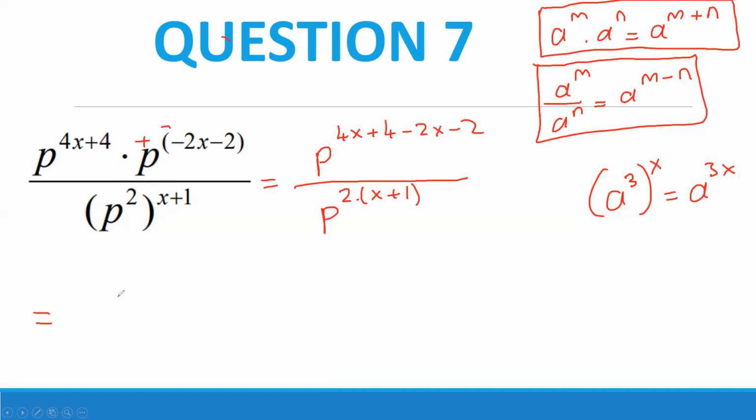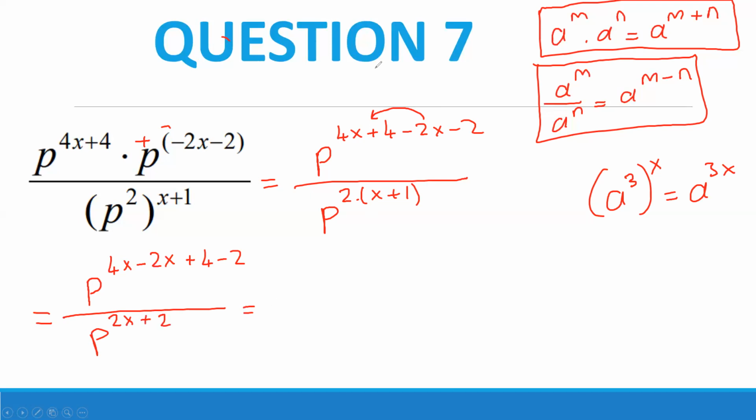Okay, let's write another step. It's making it longer, but it's going to be much clearer. So 4x minus 2x. I'm taking the x terms together and then the other numbers together: negative 2x on this side and 4 on the other side. And here 2 times x is 2x, and 2 times 1 is 2.